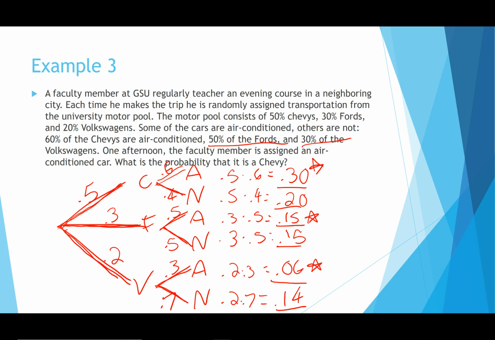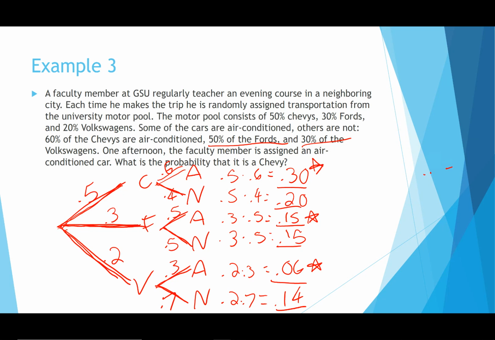So 30, 15, and 6 means that there are 51 cars with AC. Now again, this is probability, so it's really 0.3, 0.15, and 0.06, which makes this a probability of 0.51. But if we're thinking of it out of 100 cars, then we can just think of it like this.